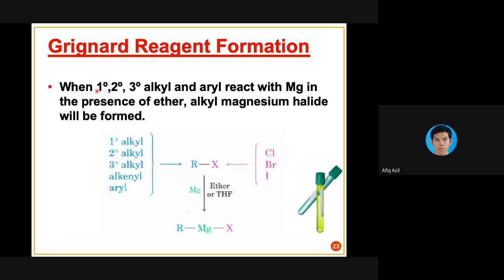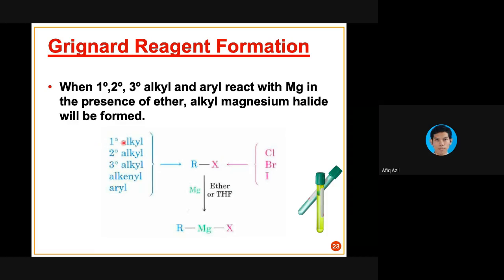So when primary, secondary, tertiary alkyl or aryl halide react with Mg, which stands for magnesium, in the presence of ether, alkyl magnesium halide will be formed.